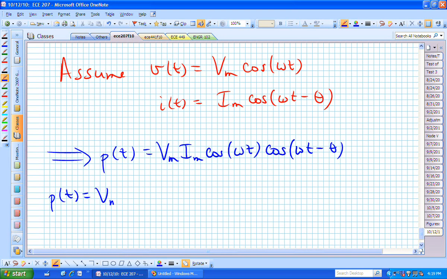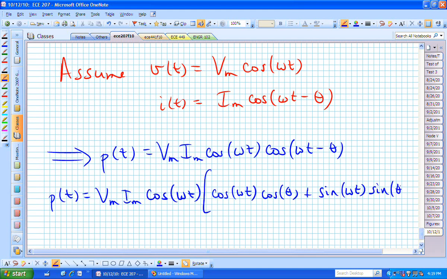Let's keep the cosine omega t there, but now use the trig identity of cosine of the difference of two angles, which says that we have cosine omega t times cosine of theta plus the sine of omega t sine of theta. That's just the trigonometric relationship between the cosine of A minus B, where A is omega t and B is theta.